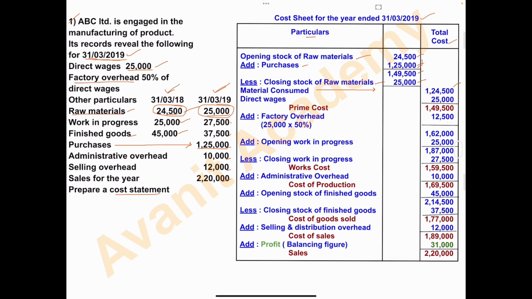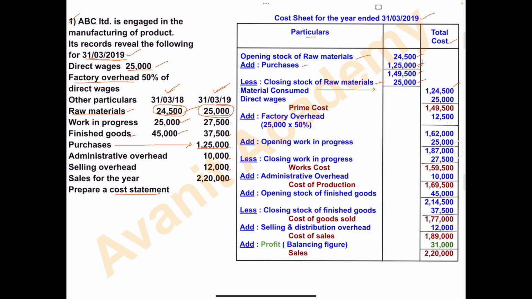So first we take opening stock of raw material, add purchases and expenses related to purchases, and after that we minus closing stock of raw material, and the final amount we get is called material consumed. So in this problem, material consumed amount is 1,24,500.